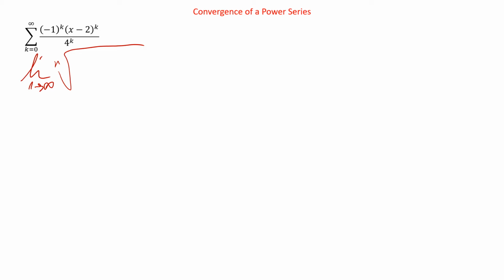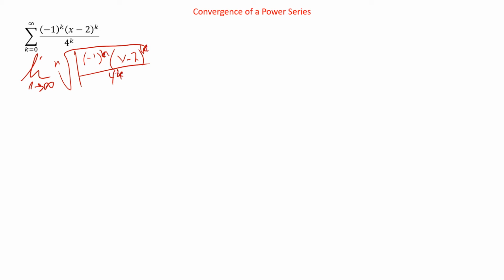We should have used the absolute value in the last one, but it was going to 0 anyway. It didn't actually matter. But we use the absolute value because the ratio test and the root test only work for positive values. And our sequence could be positive, could be negative, we don't know. So we're always going to use the absolute value here, which means that this negative 1 to the k isn't really going to make much of a difference at all. x minus 2 to the k over 4 to the k, well, n's.